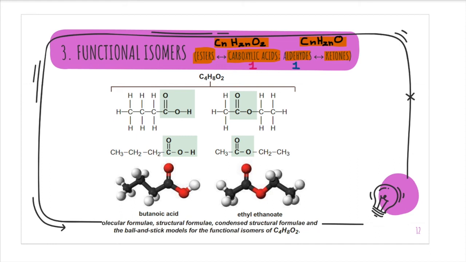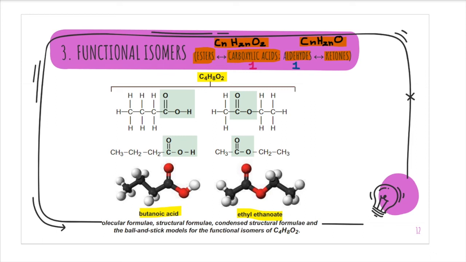Let's look at a few examples, starting off with a carboxylic acid, butanoic acid, and an ester, ethyl ethanoate. As you can see, both of these compounds have the same molecular formula, C4H8O2.